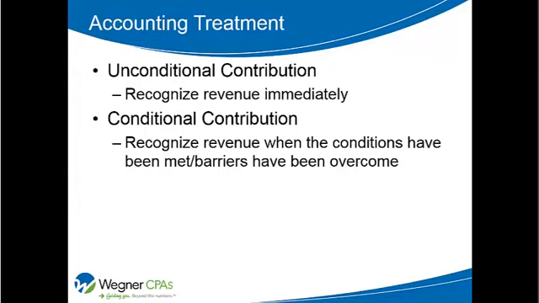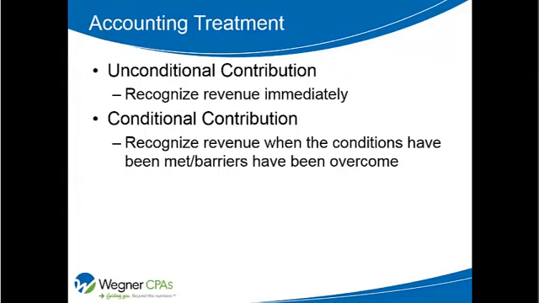So, for example, if you are given $100,000 to provide 5,000 meals at a soup kitchen, you're not allowed to recognize that money until you have provided those meals.